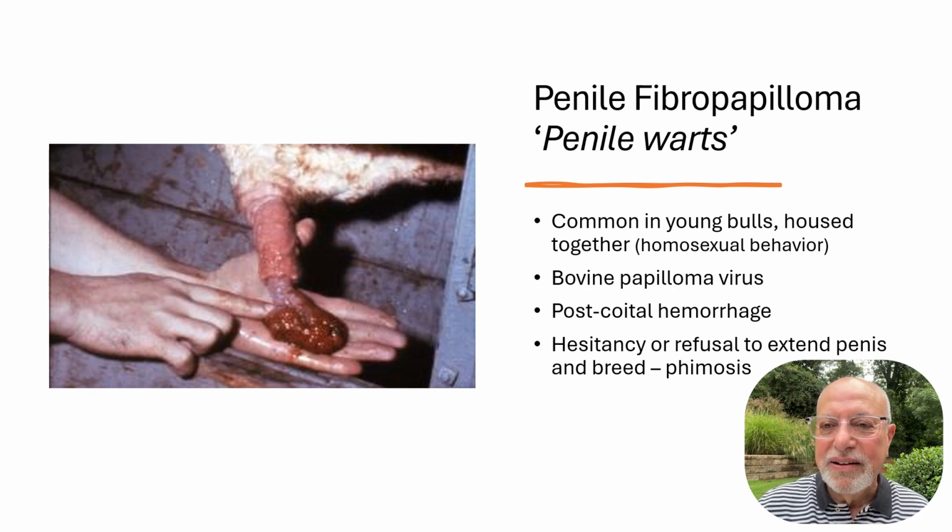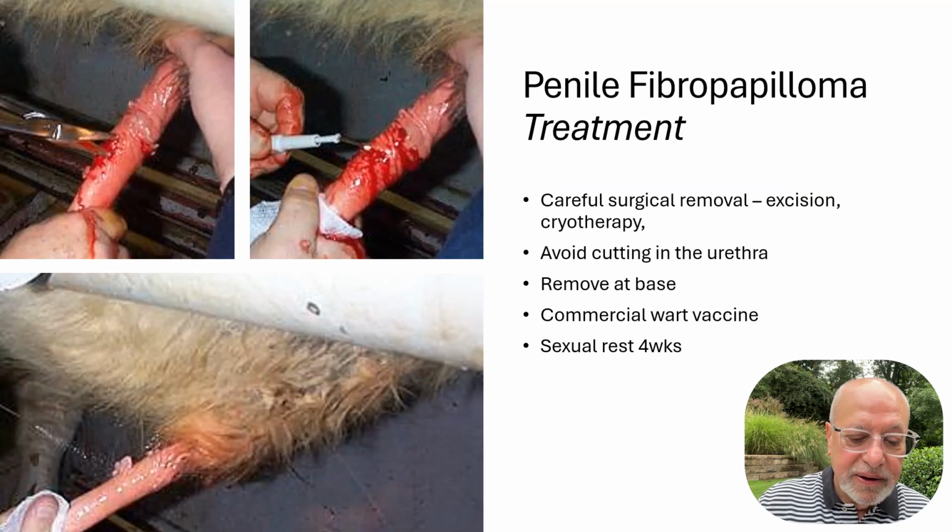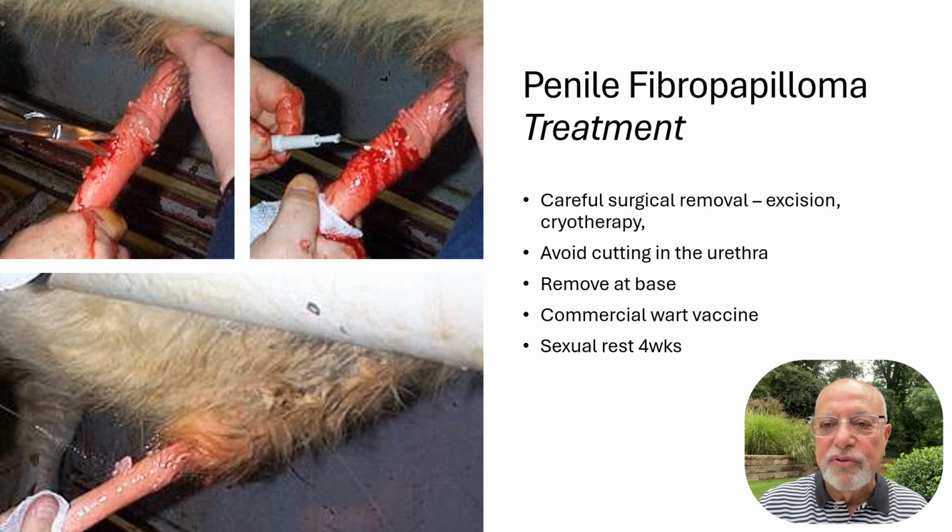When the animal is not able to get the penis out, we call the condition phimosis, the inability of the bull to externalize his penis. This condition is relatively easy to fix, and as you can see here, this fibropapilloma is located at the middle of the penis there.